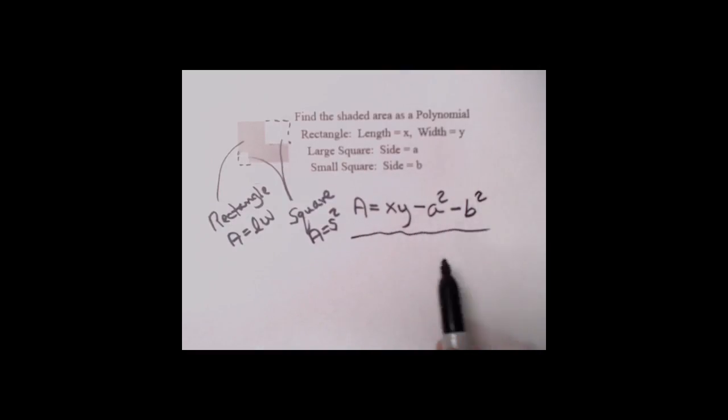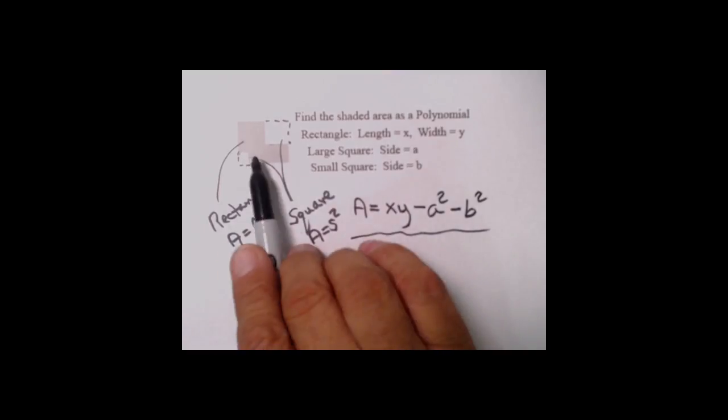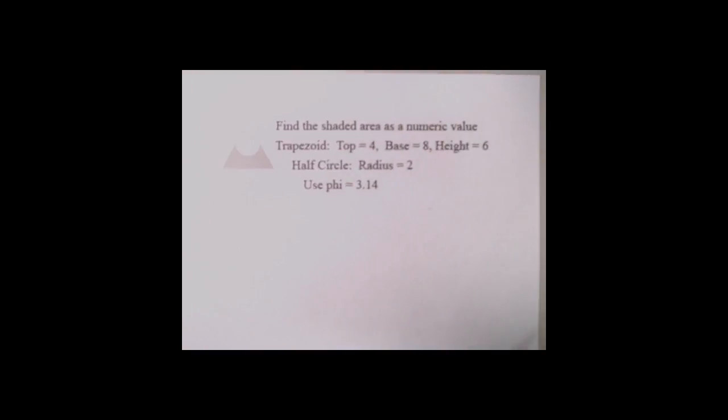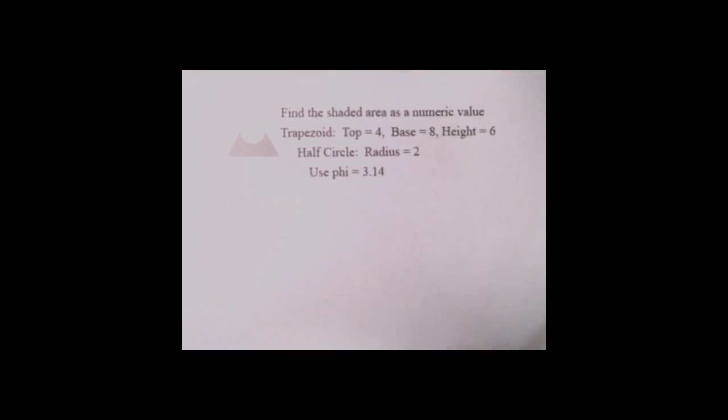So once again, here's our polynomial, which gives us what the area would be of this shape. Okay, well, sometimes we can be given some of the numbers to work with here. Let's take a look at this example and see what we have.